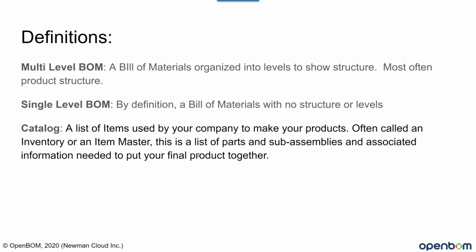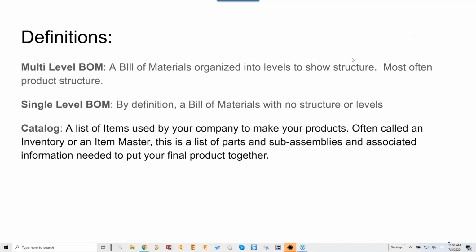Most often, the multi-level bill of material will be built around product structure, but you can also use them to produce BOMs that fit your manufacturing process flow. We're going to focus on product structure here. A single level bill of material, very simply, doesn't have any structure to it, and catalog is our standard OpenBOM catalog definition.